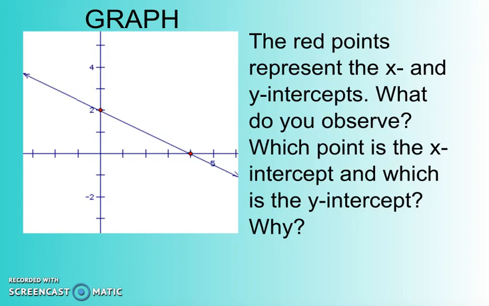Okay, now on a graph, can you tell right where the x and the y-intercepts are? Yes. When you look at a graph, you should be able to tell me where it is crossing the x-axis and where it is crossing the y-axis. So first of all, let's look at the x-axis, and that would be called the x-intercept. So where does it cross?